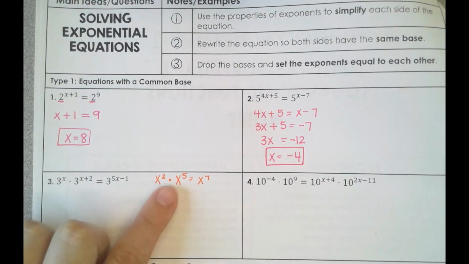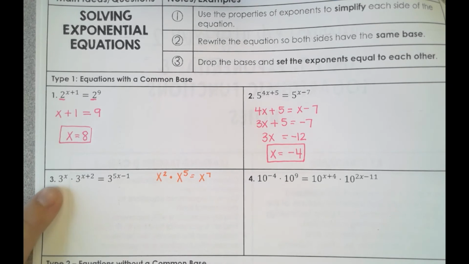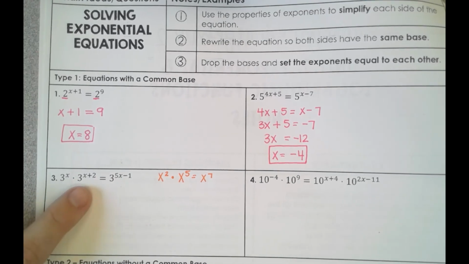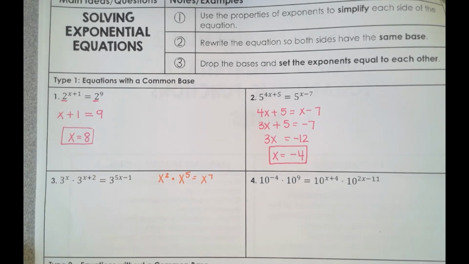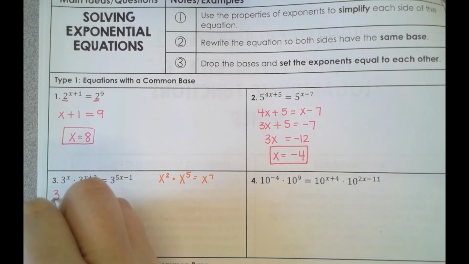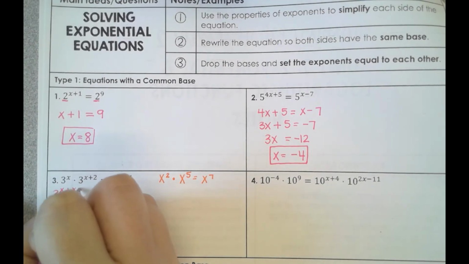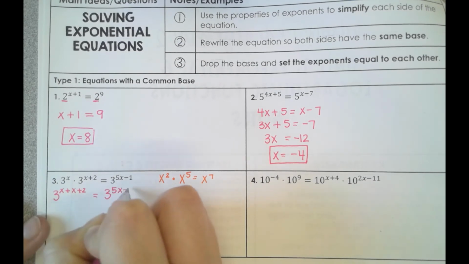Remember, you add exponents. The same thing applies here: 3 to the x times 3 to the x plus 2, you add the exponents. So this would be 3 to the 2x plus 2 equals 3 to the 5x minus 1.